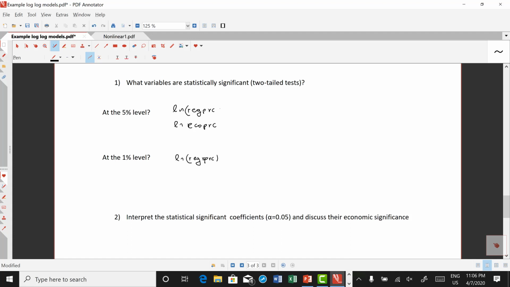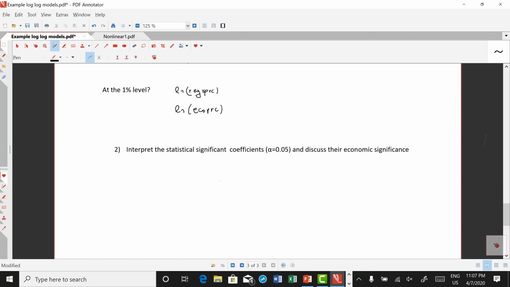I'm going to be using the names I used when I wrote the question. Okay, so they are both significant. Family income is not.